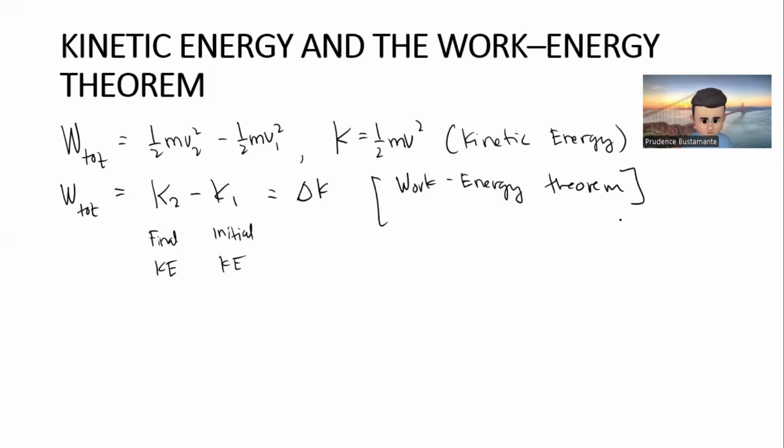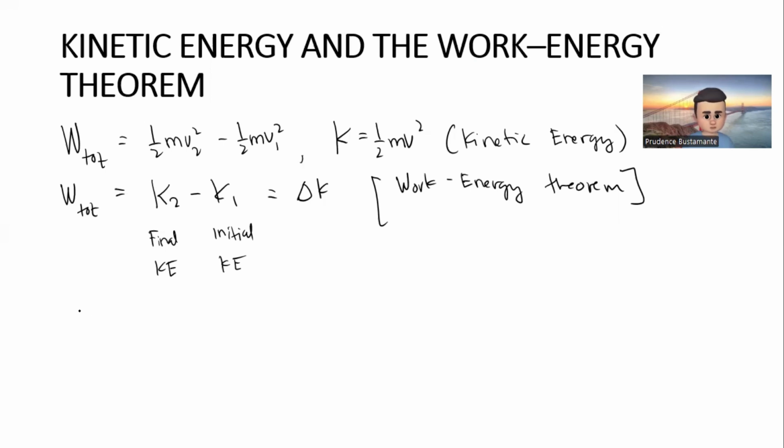If we analyze the kinetic energy K for a particle, it is actually equal to the amount of work required to accelerate a particle from rest, where v is 0, to a specific speed v. It is also equal to the amount of work the particle can do in the process of being brought to rest.